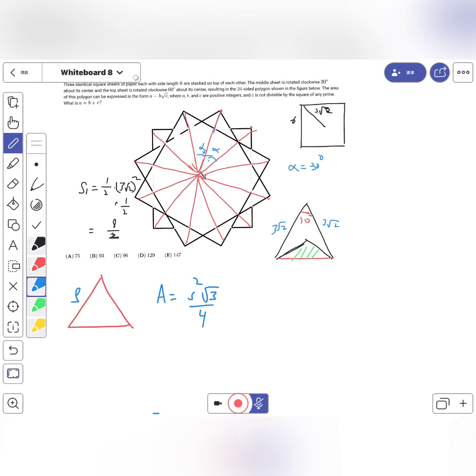But remember, this is 1/3 of the equilateral triangle, so we have to multiply by 1/3 again, which gives us s squared root 3 over 12. So we just want to find s squared.